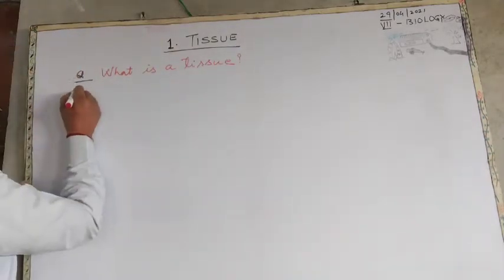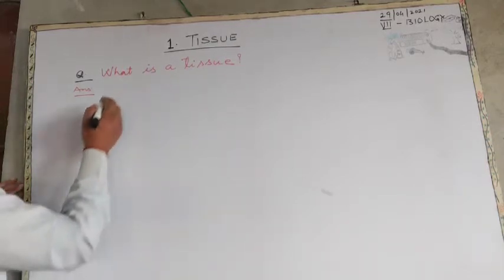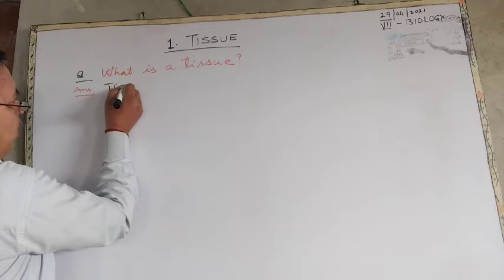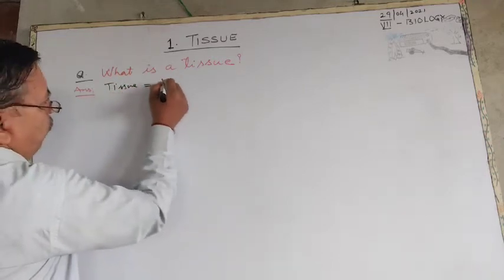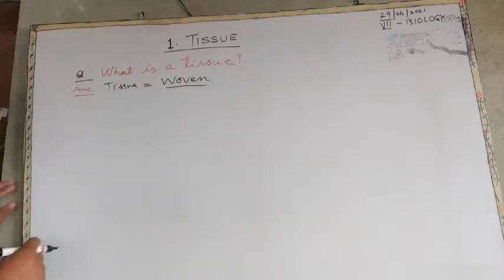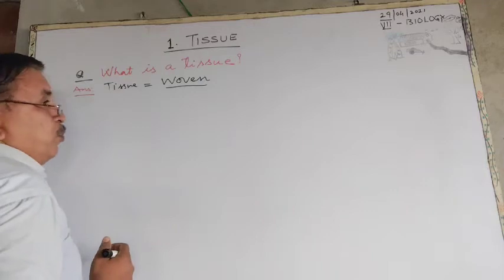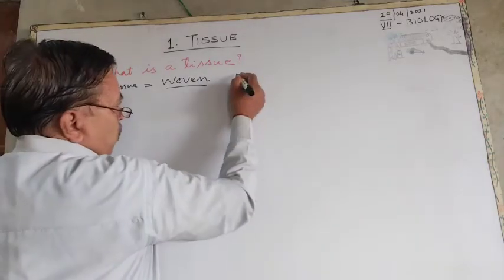The literal meaning of this word tissue is woven, meaning woven. Woven means you see different kinds of rayon or thread are used.